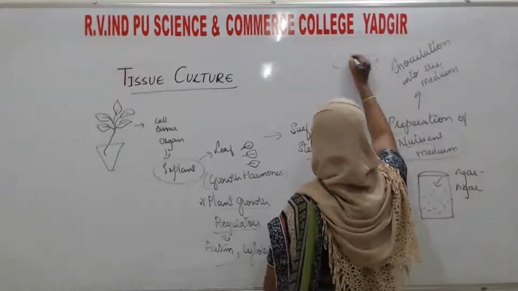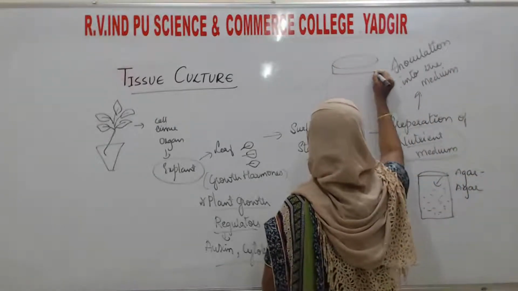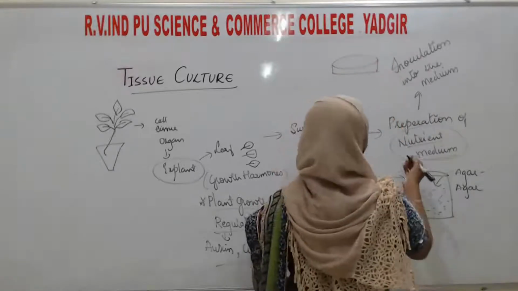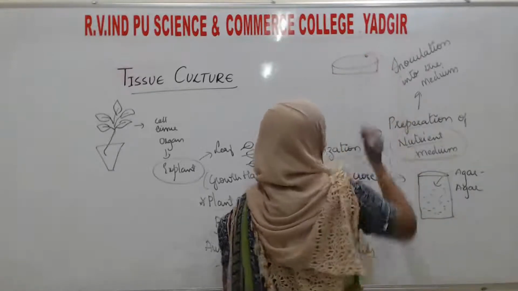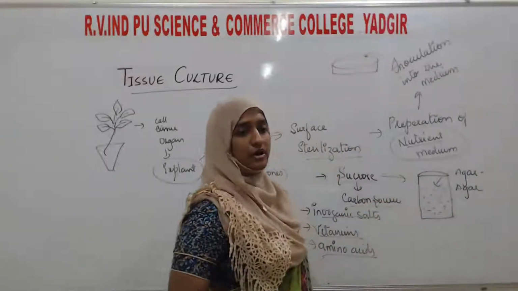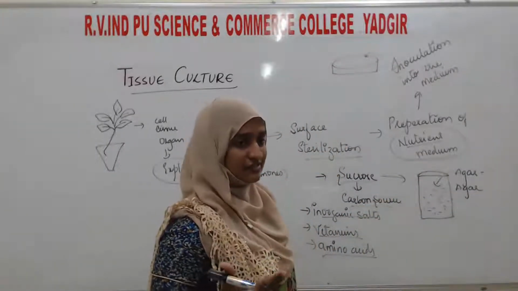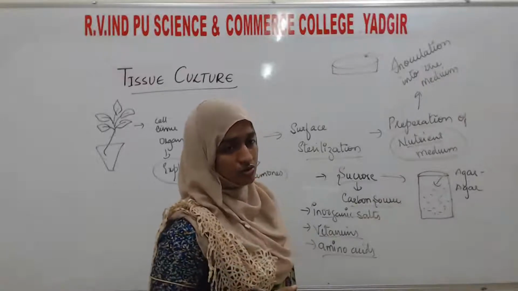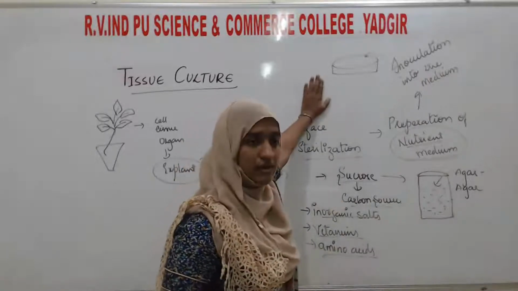Either they will take a petri dish. In this petri dish, they are going to add the medium, as well as the agar agar powder, which will form a base, a medium for the growth of the plant.